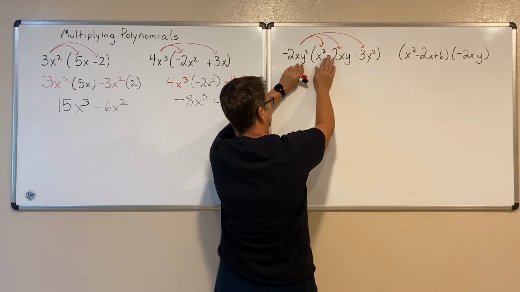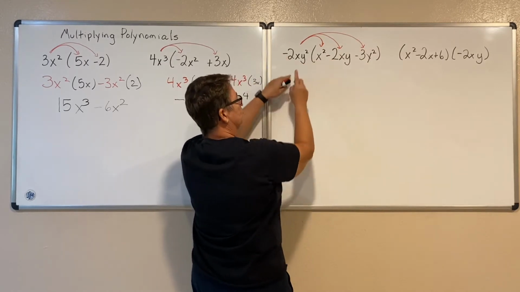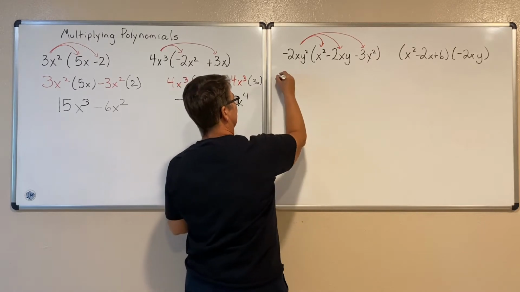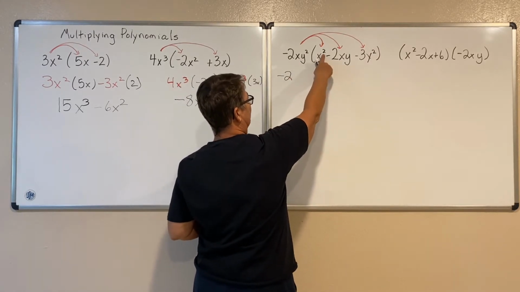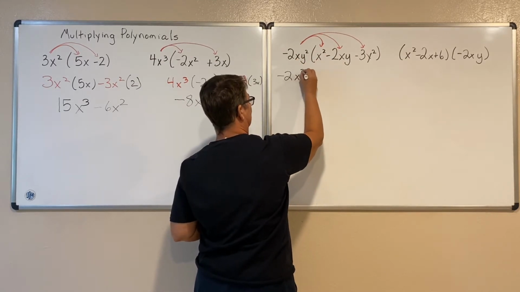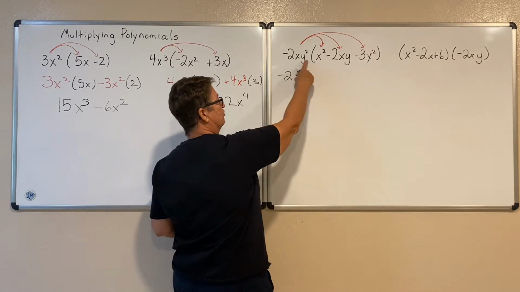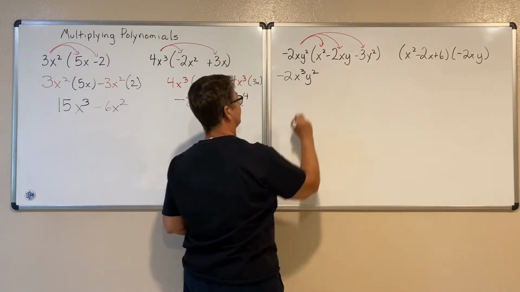Ignore those other two for a minute. I multiply the coefficients together, so negative 2 times 1 is just negative 2. This x times that x squared, that gives me x times x times x, which is x cubed. And then the y squared times 1 is just y squared.